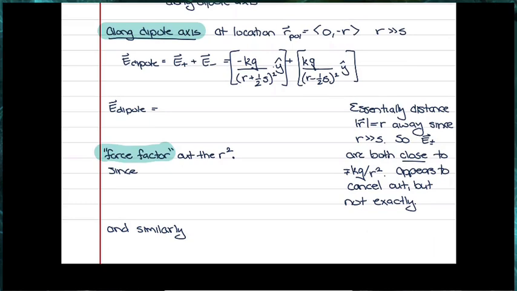There's a k and a q I can pull out. Then I'm left with this combination of denominators where the positive one was 1 over r minus 1/2 s squared, and then minus 1 over r plus 1/2 s squared. Notice I flipped the order just because I wrote the positive number first. It's all in the y hat direction.